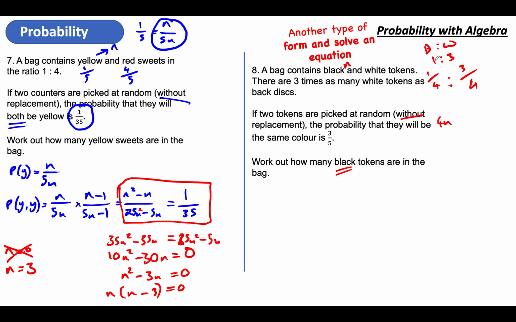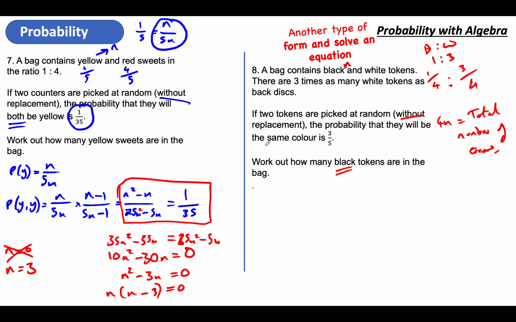Because if the number of black is n, and 1/4 of them are black, then there must be 4n. That's the total number of tokens.